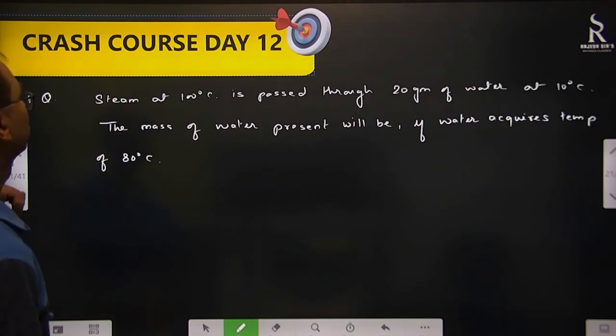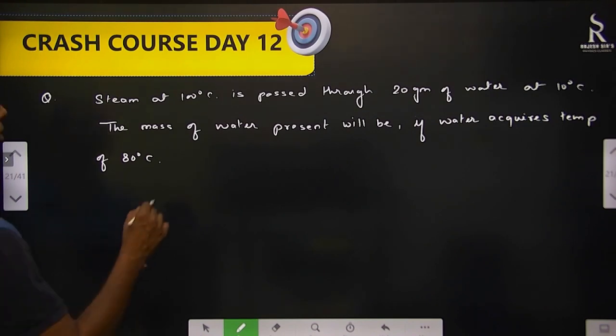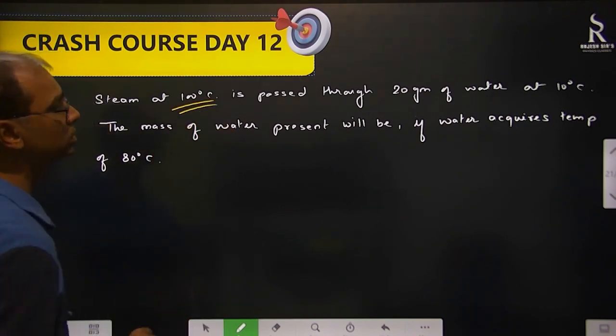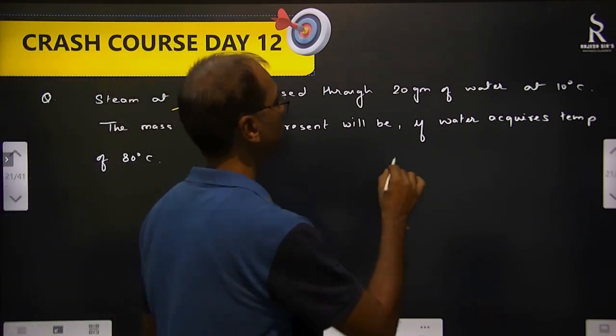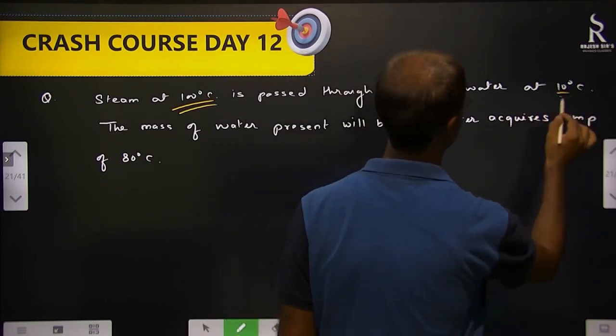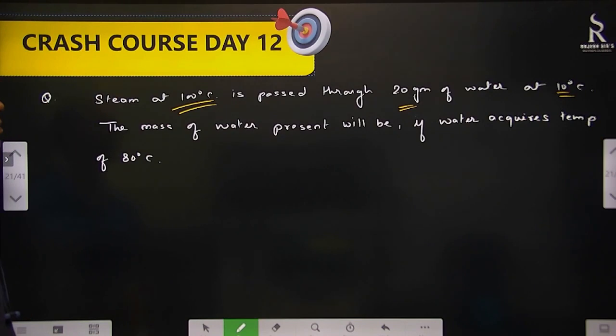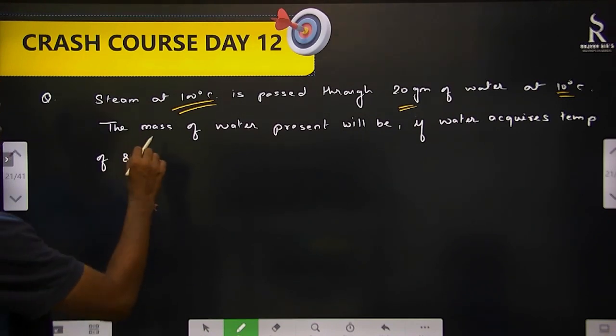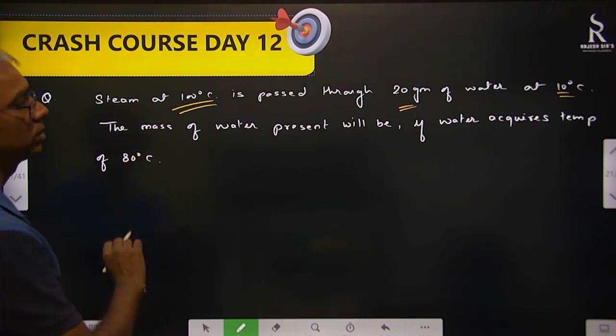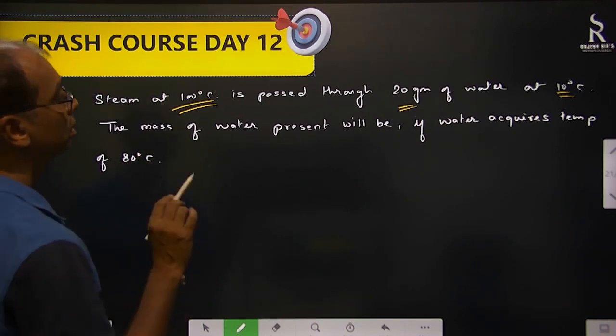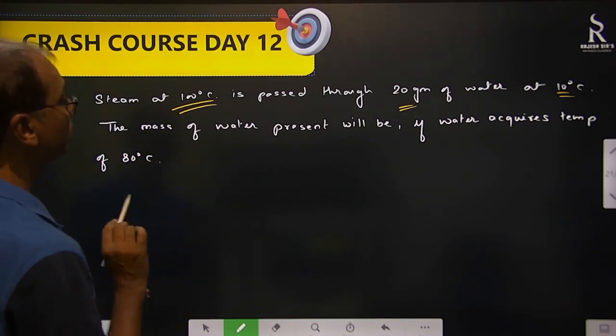Then next question is, steam at 100 degree centigrade is passed through 20 gram of water at 10 degree centigrade. The mass of water present will be, if water acquires temperature of 80 degree centigrade. Okay, so you can see that the question says that when steam at 100 degree centigrade is passed through 20 gram of water, temperature of water is going to increase to 80.